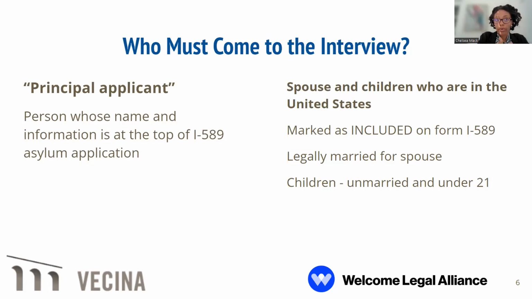When we say included, it means that on pages 2 and 3, and any other addendums, when you're listing that spouse or child's information, the question asking whether they intend to be included on the application needs to be marked yes.